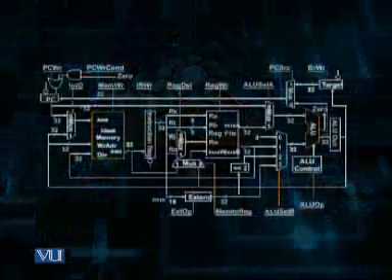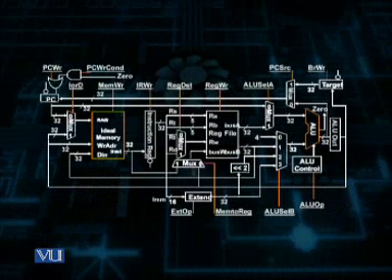Accordingly, in Intel architecture, these sections of the memory are identified by the contents of registers in the microprocessor known as the data segment register, the code segment register, the extra segment register, and the stack segment register.